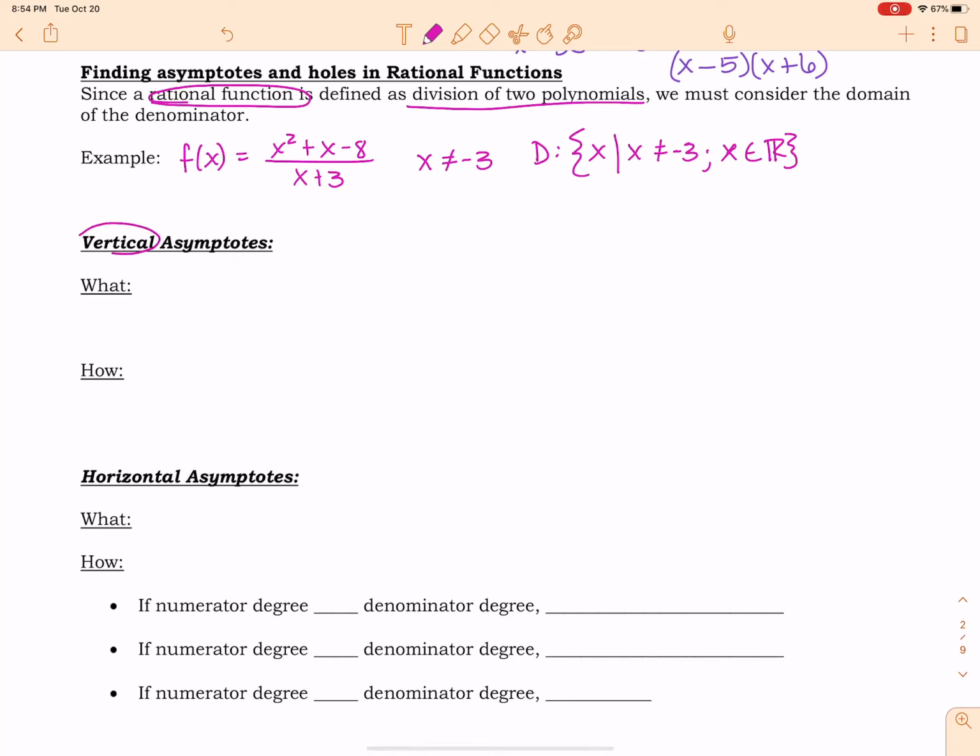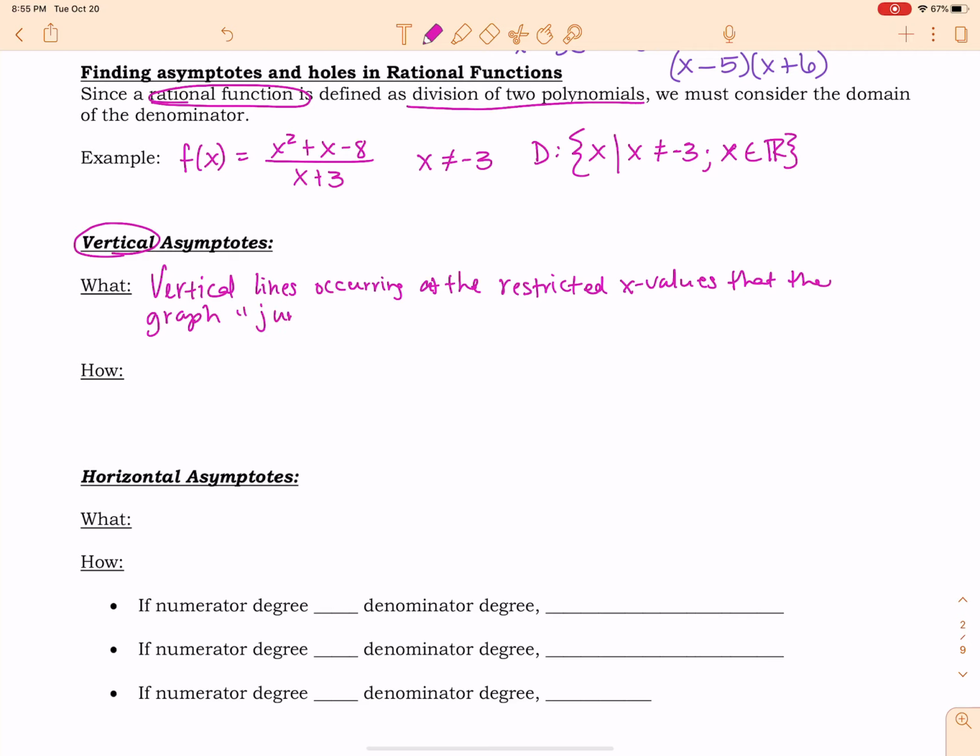Okay, so let's talk about vertical asymptotes. What are my vertical asymptotes? They are essentially vertical lines occurring at the restricted x values that the graph essentially jumps over.